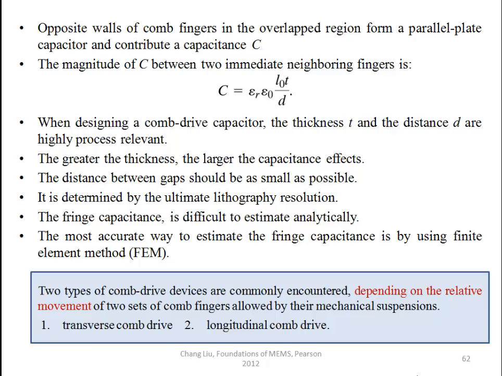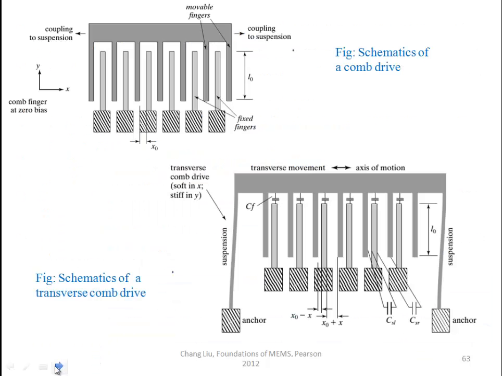Then comb drive devices, depending upon the relative movement, can be classified into two: transverse comb drive and longitudinal comb drive. These are the figures of the transverse comb drive. Transverse comb drive means the movable electrode moves in the XY direction.